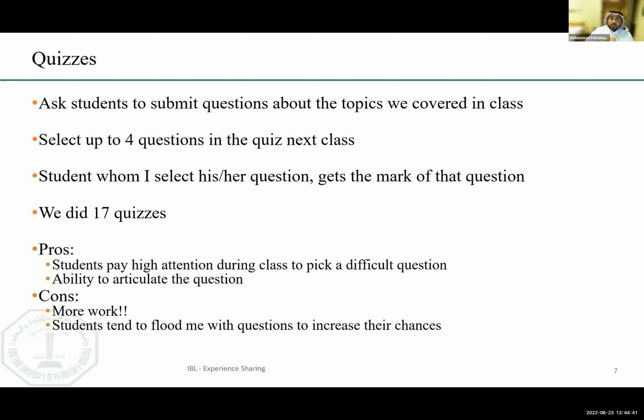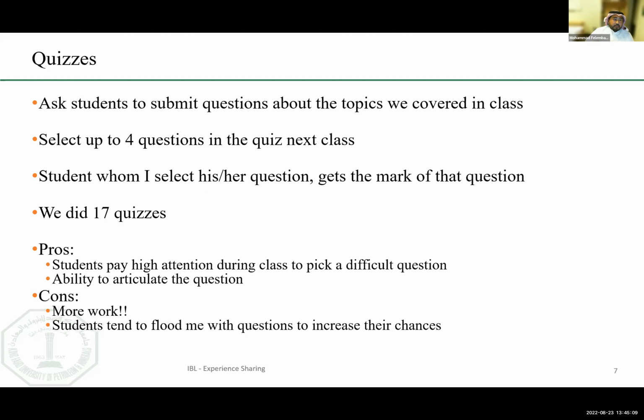It's for them to recall the topic that we covered in the previous class, and to articulate their questions in a way that I can use for quizzes. I would use four questions. Each quiz has 1 point, and whoever's question I selected gets a mark for that question.